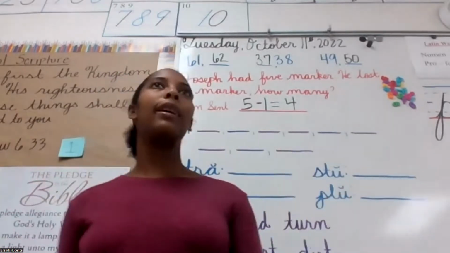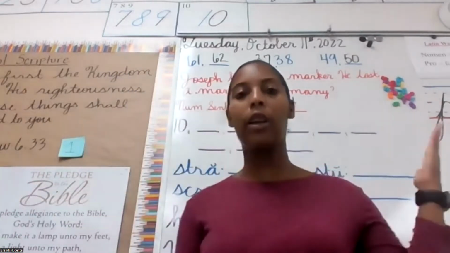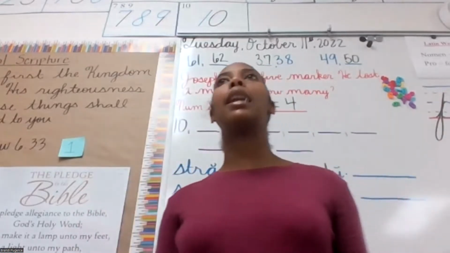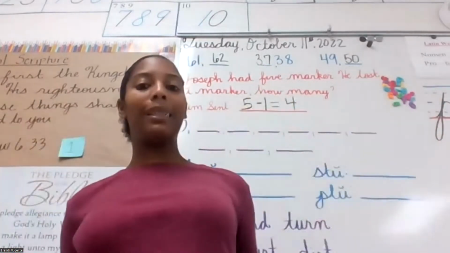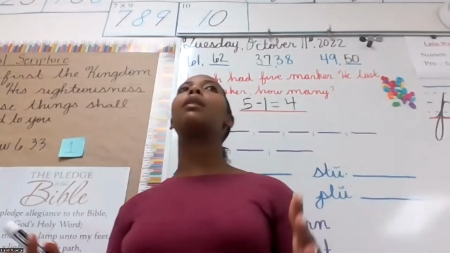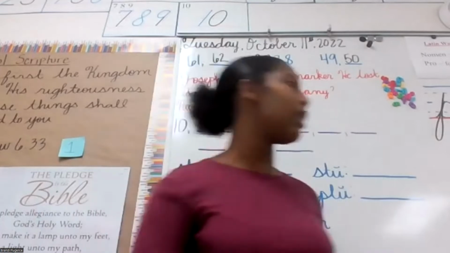Good. She said 10, 20, 30, 40, 50, 60, 70, 80, 90, 100. That is exactly how we count by tens. What that means is we are skipping 10 numbers at a time.